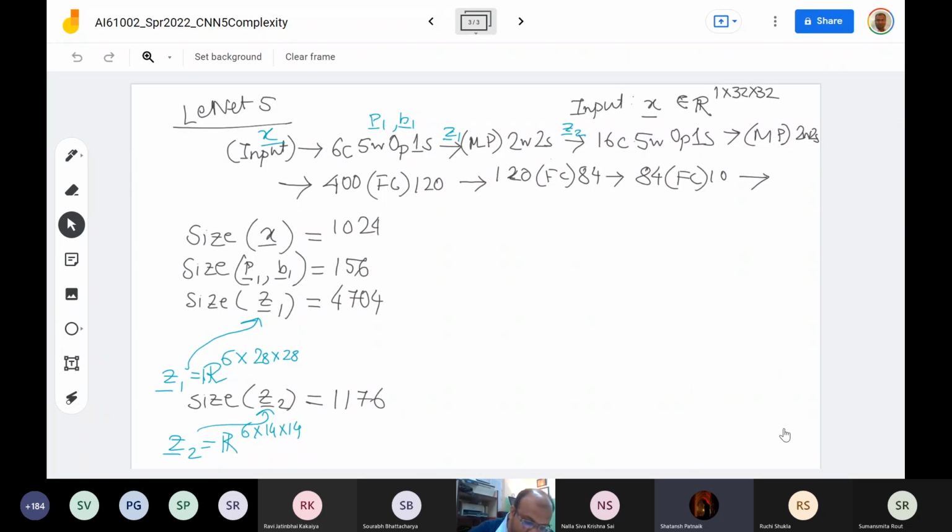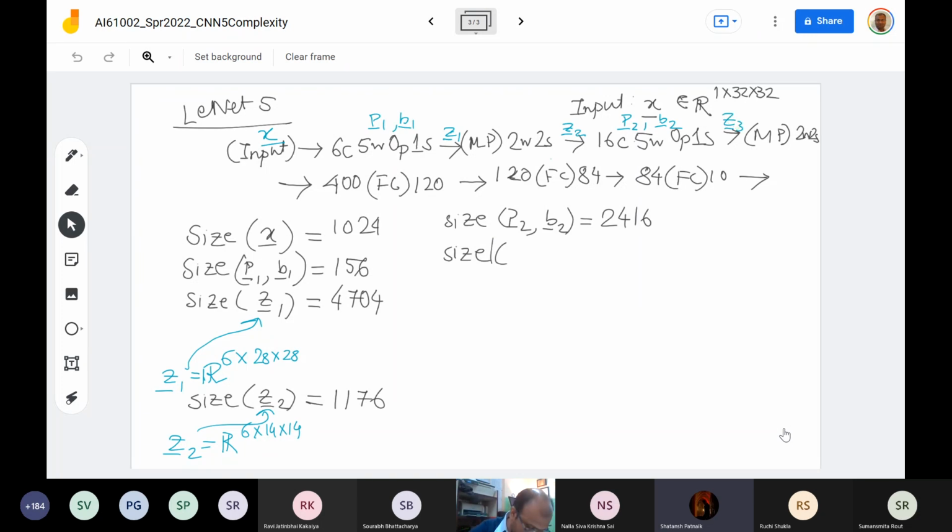Now, if I call this whole thing P2, B2, then what is my size of P2, B2? 2416. Okay. Now the output of that is going to be called Z3.